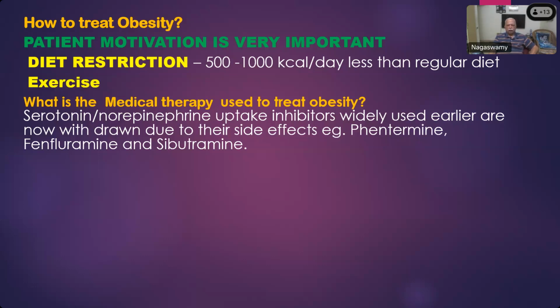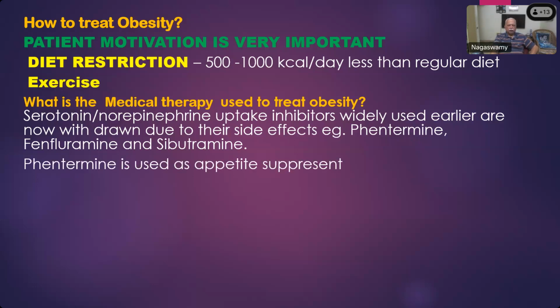They are like the drugs used by psychiatrists as a mood elevator and to treat some of the psychiatric conditions. They also have the same mode of action, serotonin and norepinephrine uptake inhibition, but they have a lot of cardiovascular side effects, so they are nowadays not prescribed.